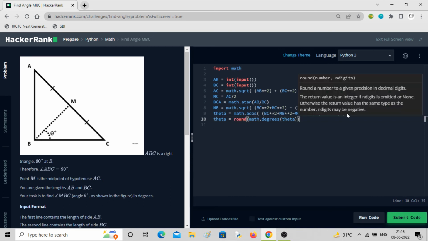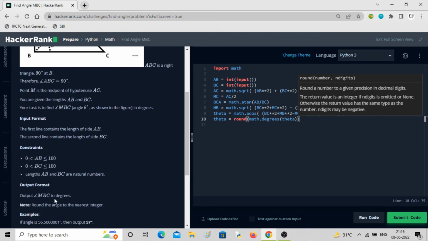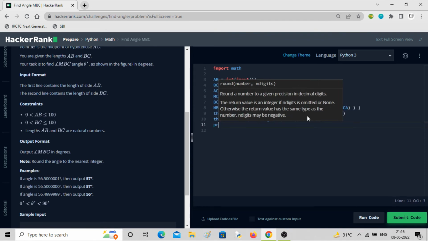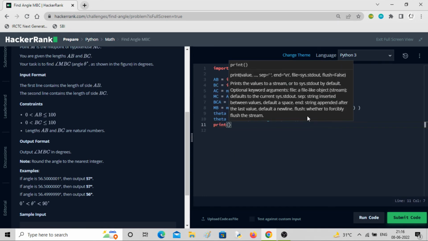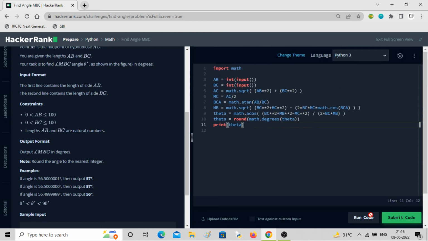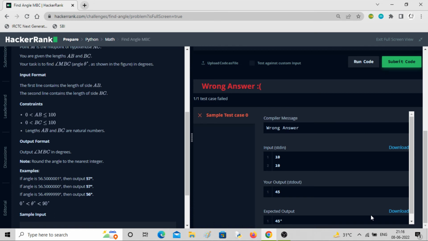I think that will work. Okay, just doing round will round off. So let's print the theta and see whether it is correct.